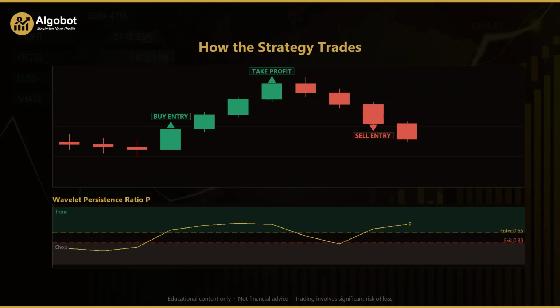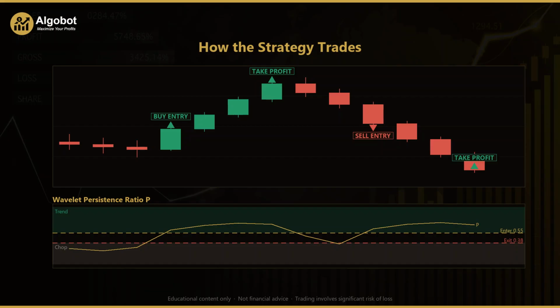Now the character shifts. After the peak, the candles stall and roll over. The persistence ratio rolls down with them, sinking back below the enter level and toward the chop zone. The earlier structure has dissolved. The strategy is flat again and simply watches. Then the mirror image unfolds. A firm candle breaks lower and closes below the window mean.